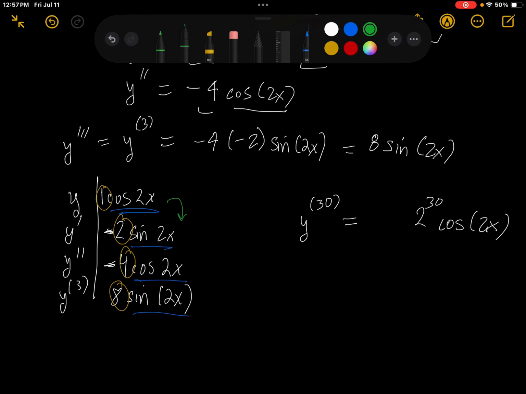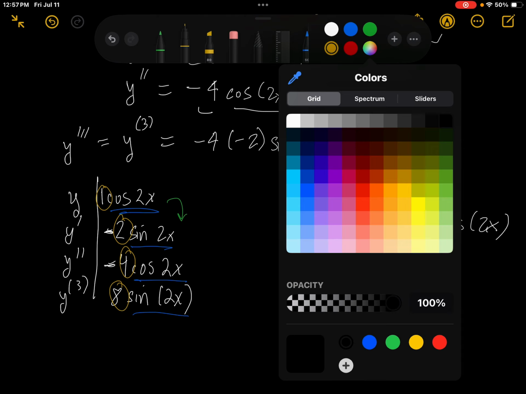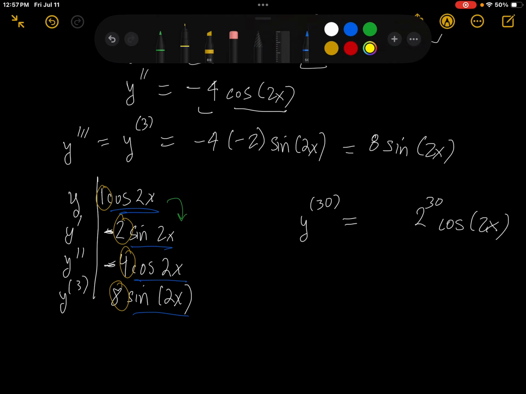But when you take the derivative of sine, you don't get an extra minus, right? Because the derivative of sine is cosine. But when you're going from cosine to sine, again, you multiply by -1, and that's why the negative turned into a plus when you get from the second to the third derivative. So now we have to think about, when you take the 30th derivative, do you end up with a plus or do you end up with a minus?